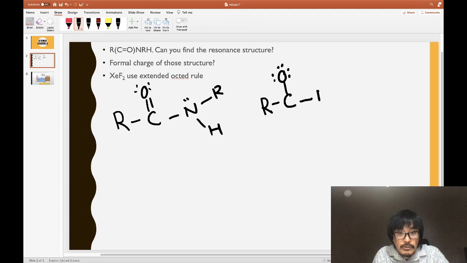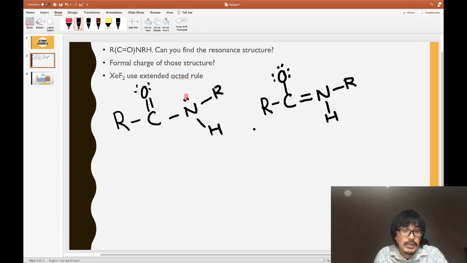Now the carbon is missing 2 electrons, right? Because it has only 6 electrons. So the 2 electrons here have to move to the one in between the carbon and nitrogen. And then that and that are not changed. So that's pretty much the resonance structures.